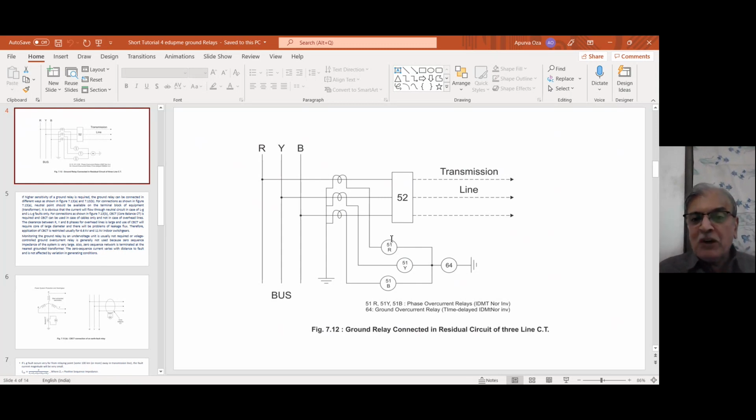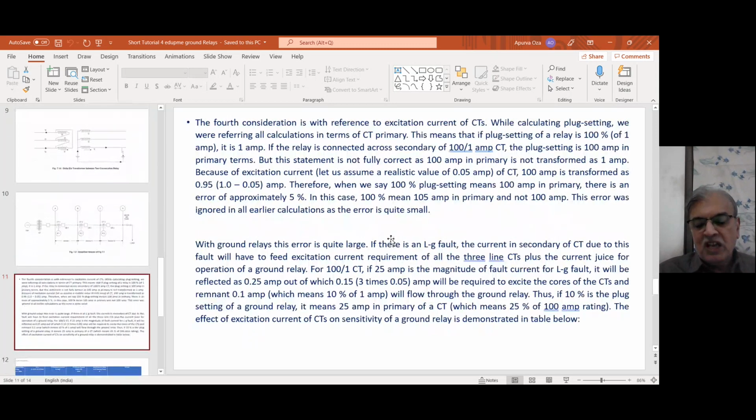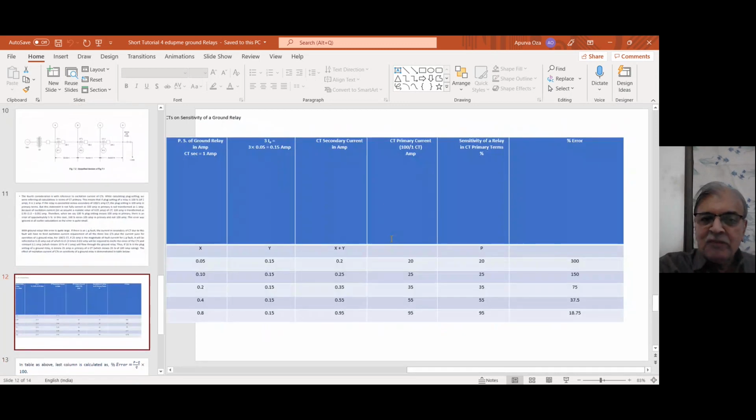That is, 10% setting of 64 means 25 ampere in primary. 25 of 100 becomes 25%. So when I say the relay is sensitive by 10%, it is not really sensitive by 10%, but by 25%. So my real sensitivity is 25%. I have tabulated this for different plug settings. Say if I say 5%, 5% means 0.05.